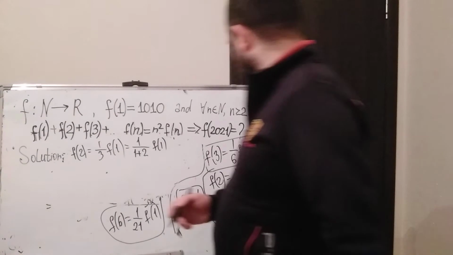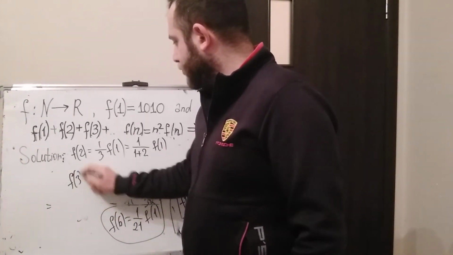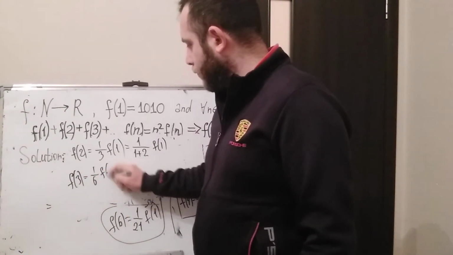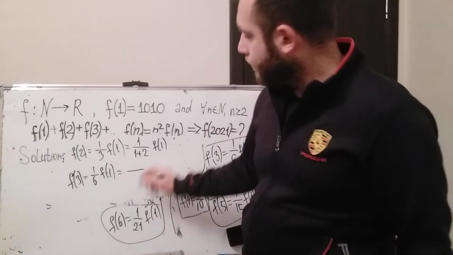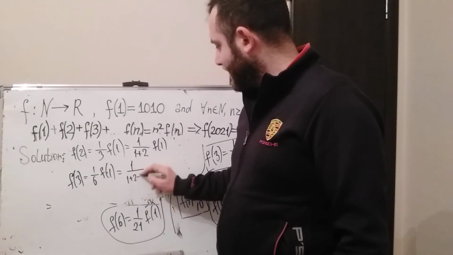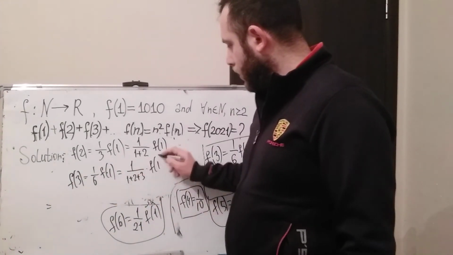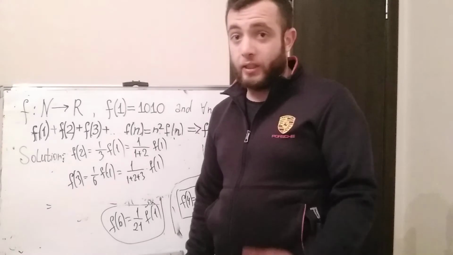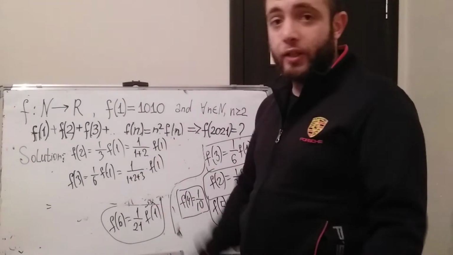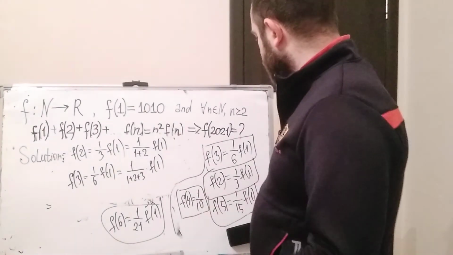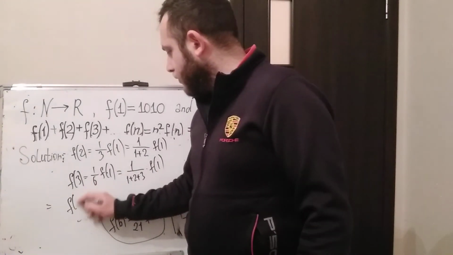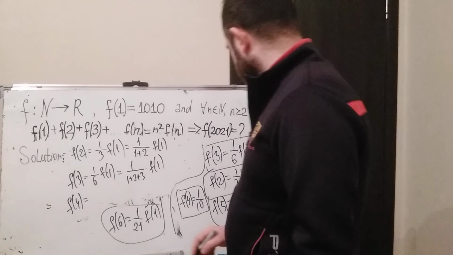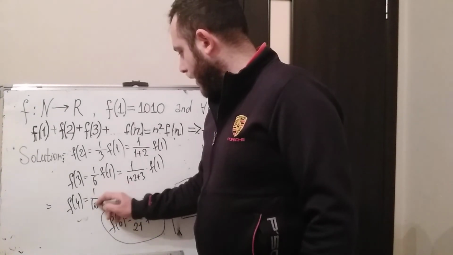So let's look at F3. F3 is 1 over 6 F1. It is 1, 2, 3 times F1, so the sum of the first 3 consecutive natural numbers. F4, if you look carefully, is 1 over 10 F1.